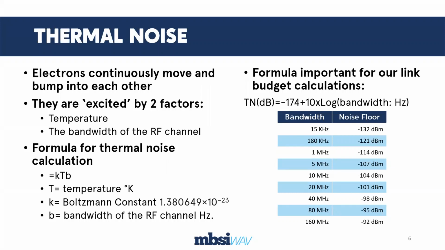So thermal noise, as far as we're concerned now, is always a function of the channel width that our receiver is receiving. So what I've done here is I've built a table that has some different bandwidths on it, and what the power level in dBm of a typical noise floor is at that particular bandwidth.